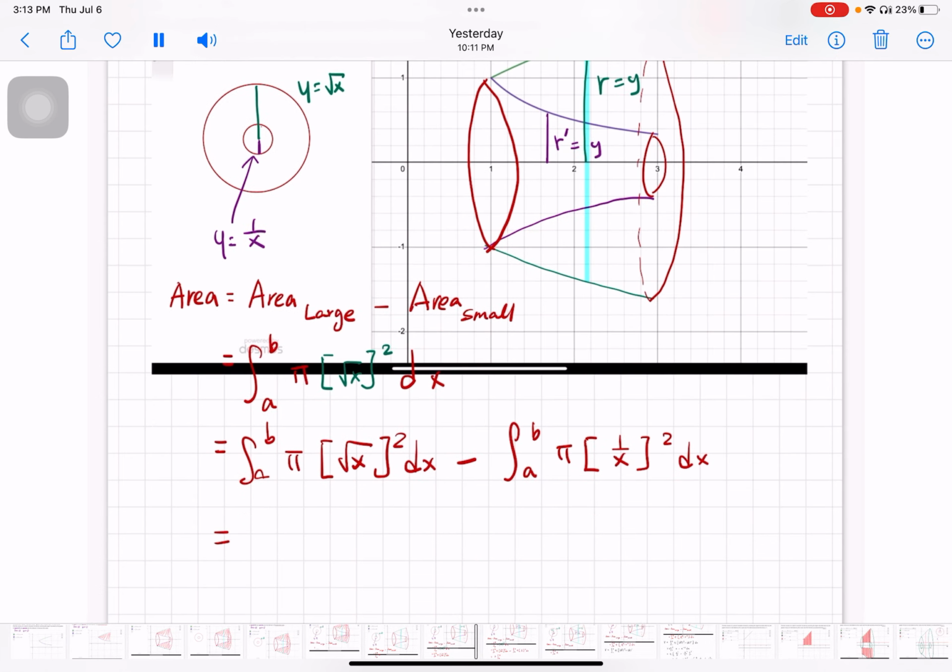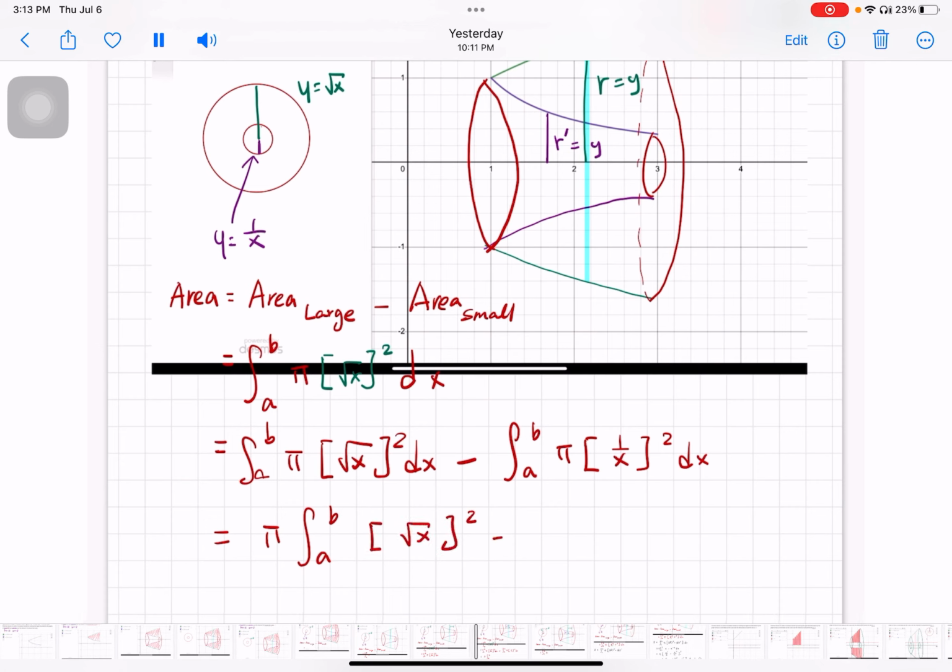So to set up this particular problem, we're going to do the integral from a to b of pi times the outer radius squared, minus the integral from a to b of pi times the inner radius squared.